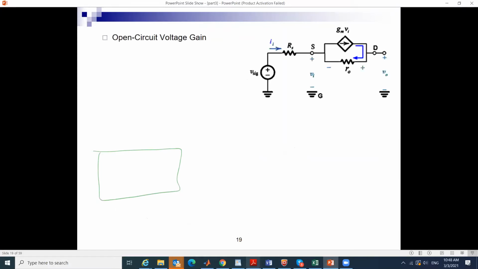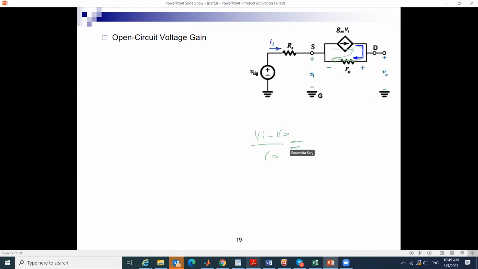Now if we want to look at this circuit and see what the open circuit voltage gain is, we can say I don't have R load, which means IN equals 0. So this means that (VN minus VO) over RO is going to be equal to GM VN, because the current is going to flip back in this loop.